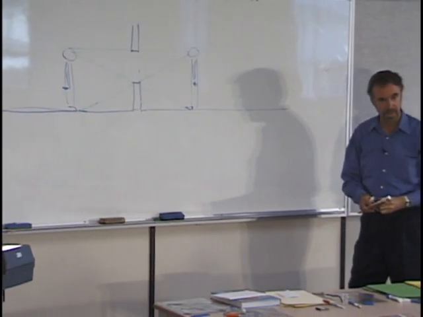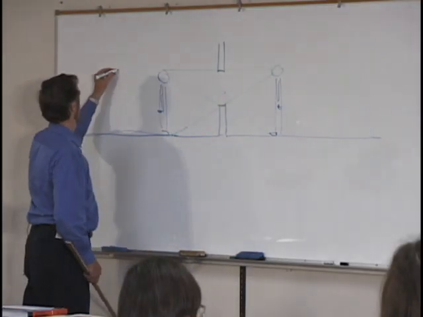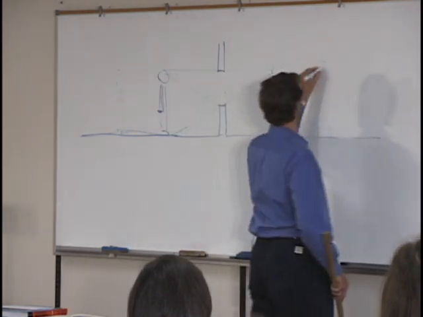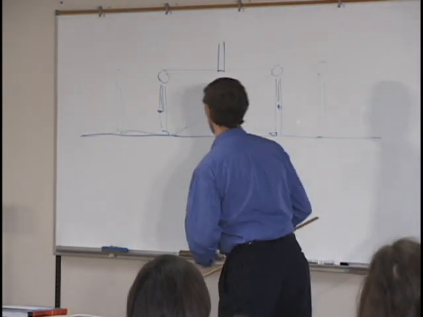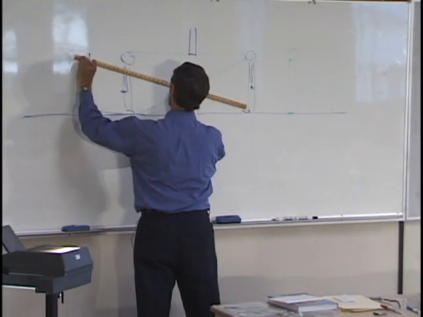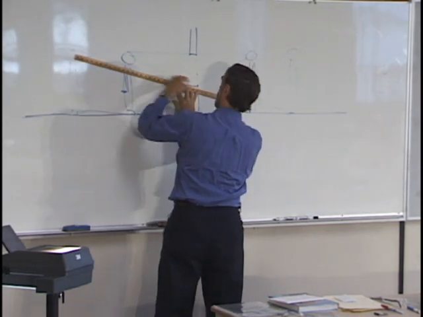Now how about distance? Then you could draw the people further away. This one gets further away over here. Well, this guy's going to get further away over here. And what do you have now? This fellow wants to look at the toes. What's he do? Looks right down through the same opening.